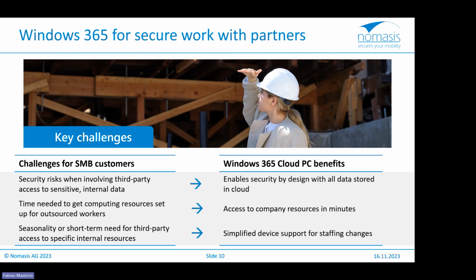So you might not want to install a VPN solution or even give them access to your Citrix server farms. Then this is something you could deploy for them. Really just a Windows 365 cloud PC with an on-premise connection, for example, and with that solution, you will ensure that when your partner connects, he will only connect to a computer that you manage and that you know what he's doing on that computer.